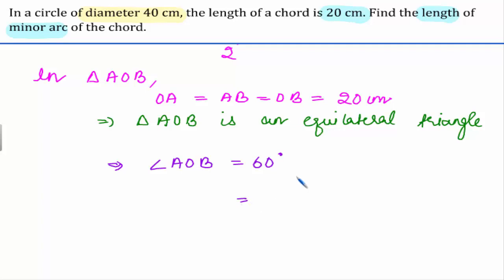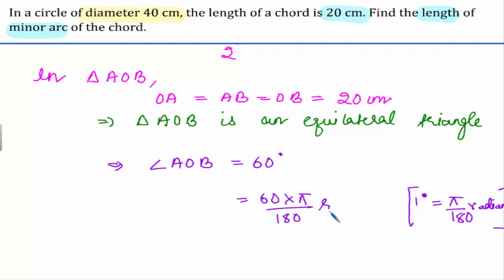And since we know that 1 degree is equal to pi upon 180 radian, converting the 60 degree into radian, we get 60 into pi upon 180 radian, which is equal to pi divided by 3 radian.